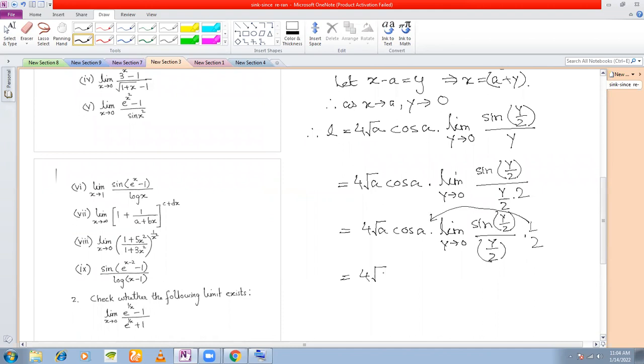So you have 4 root a cos a into half, into this limit, which becomes 1. So what are you left with here? This cancels, so you get 2 root a cos a simply. And that should be your answer. Any question?